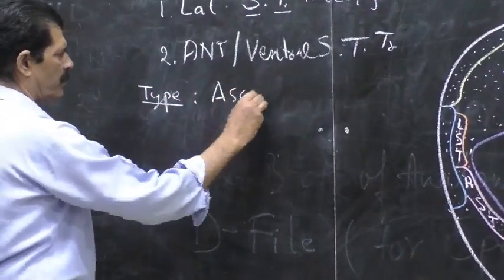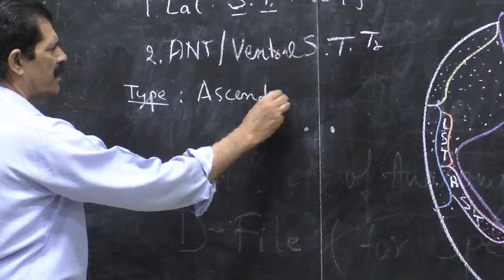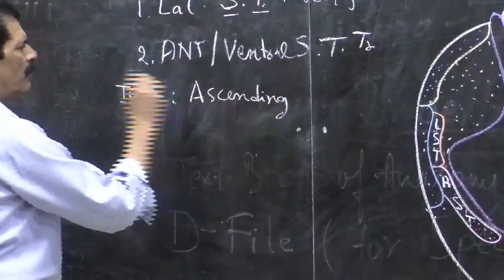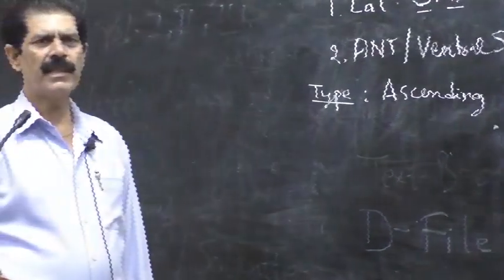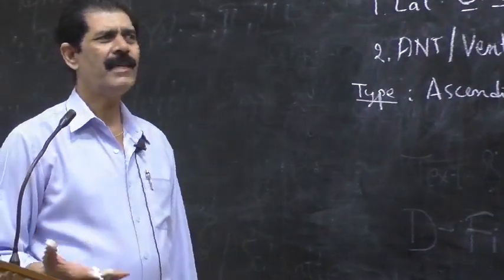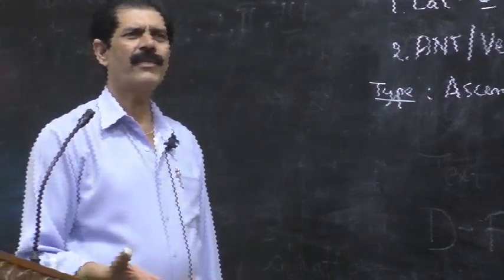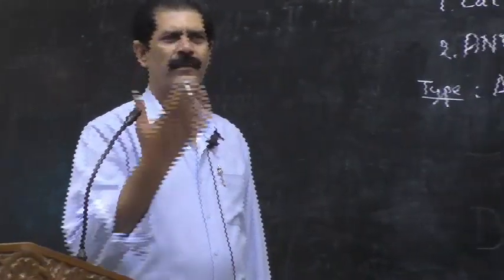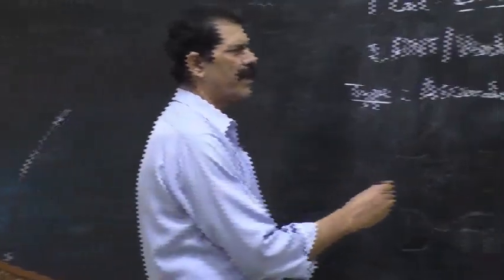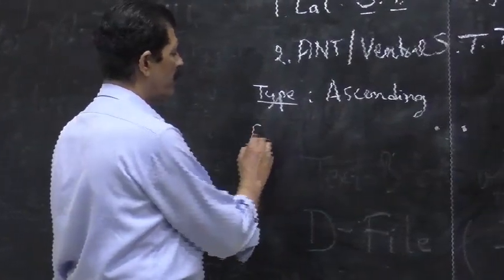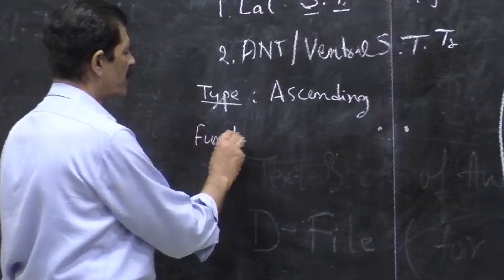Ascending fibers. The name will tell you whether they are ascending or descending. If they are ascending, it means they are taking some information from the periphery to the brain. So they are going up to give something to the brain.